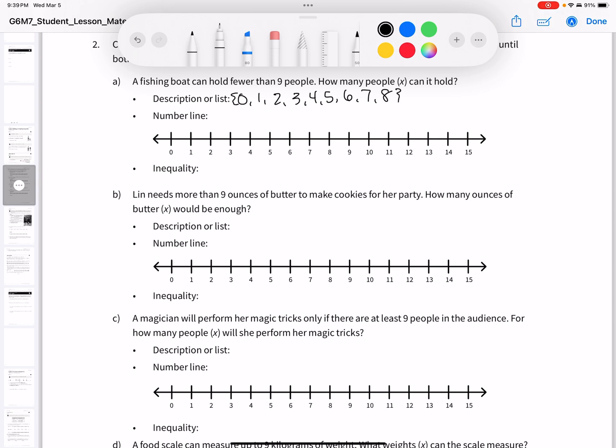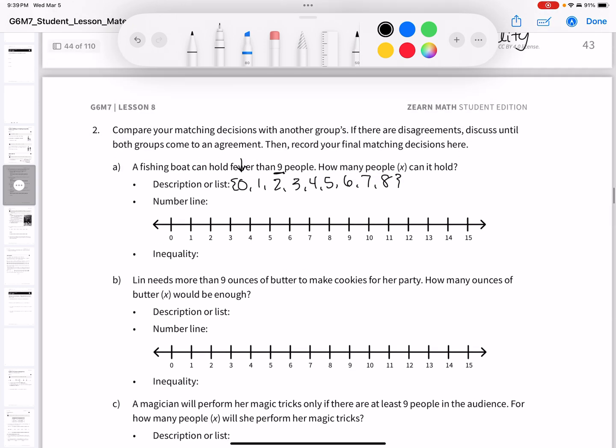Okay. Now, the reason that I'm going 0 through 8 is because it's fewer than 9. Well, 0 through 8 is fewer than 9. And these are people, right? They're not things. They're not ounces of water, whatever. So I have to have whole people. I can't have half of a person. Okay? So what does that number line look like?